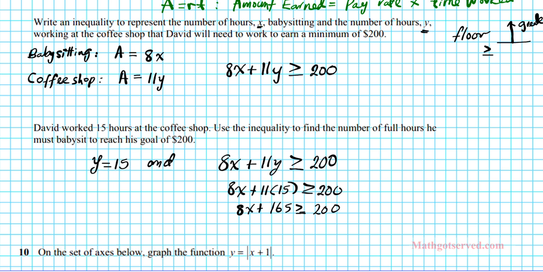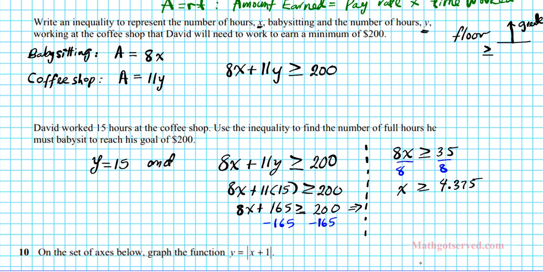We subtract 165 from both sides, and that yields 8x is greater than or equal to 35. Divide both sides by 8, and we'll have x is greater than or equal to 4.375.